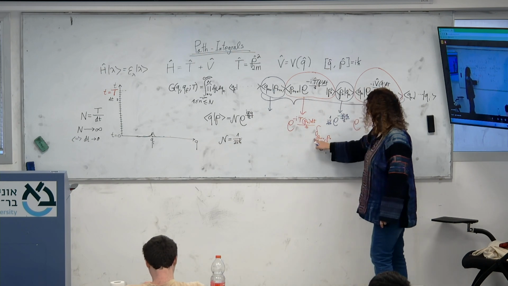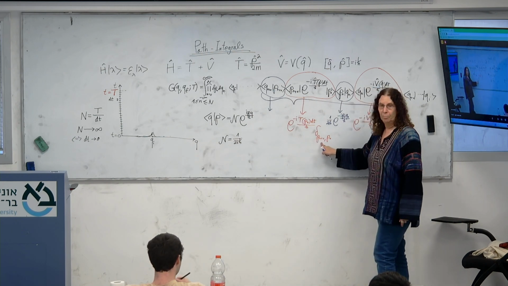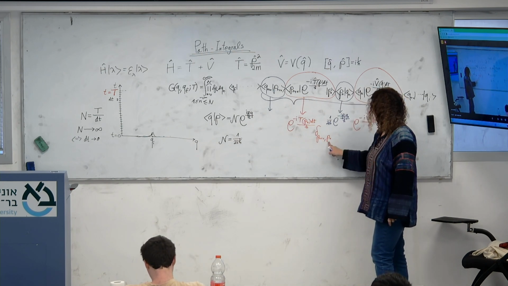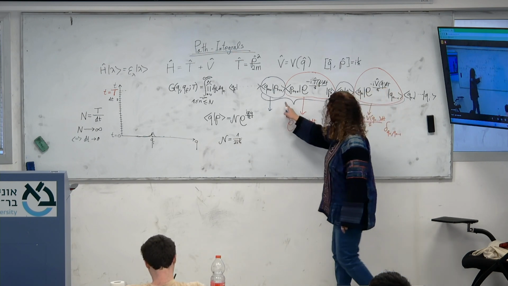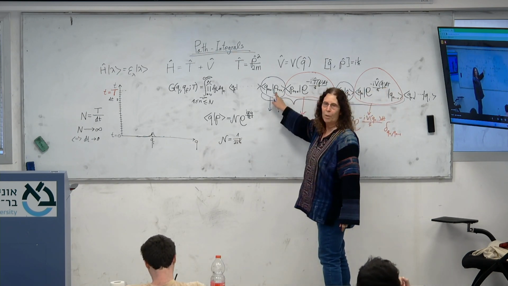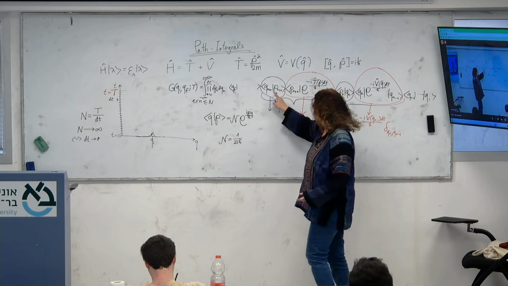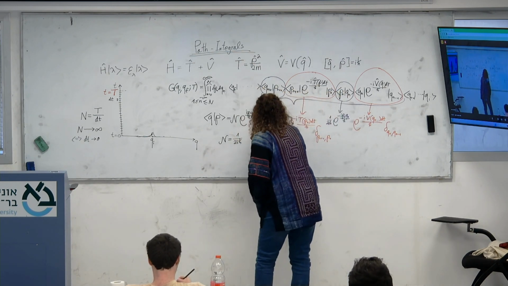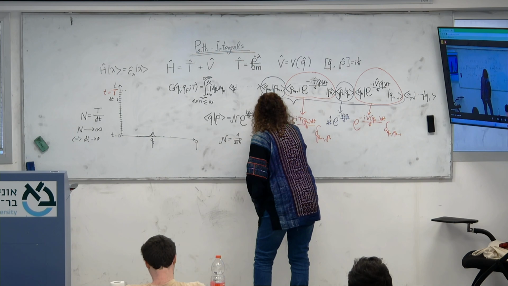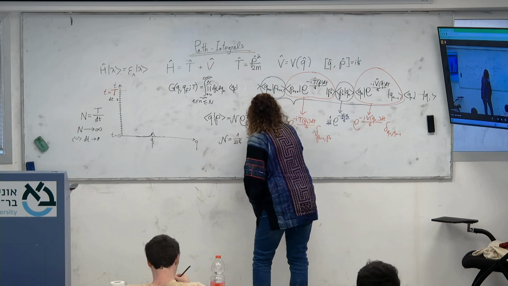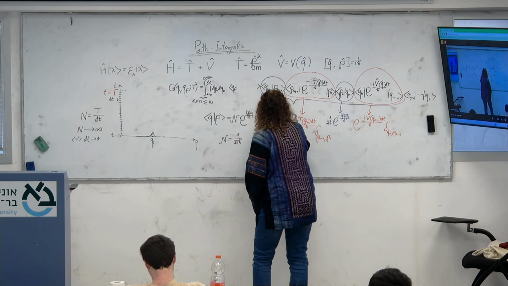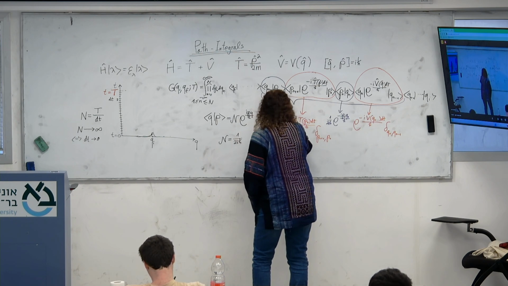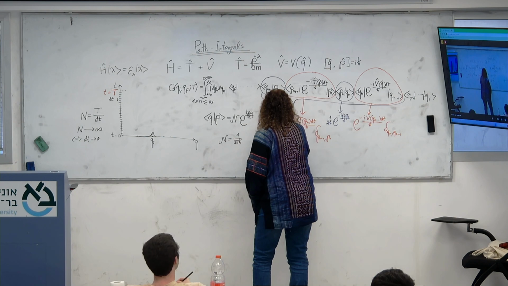However, notice that we have here a delta of P_{n+1} and P_n. So with your permission, I will replace this P_{n+1} by P_n, using the delta, and I get 1 over 2 pi h bar times e to the plus i P_n Q_{n+1} over h bar.